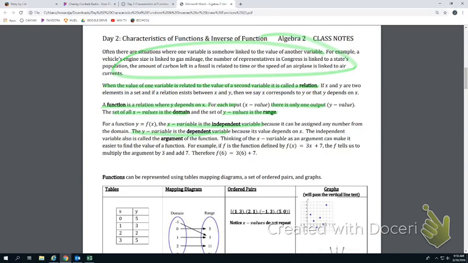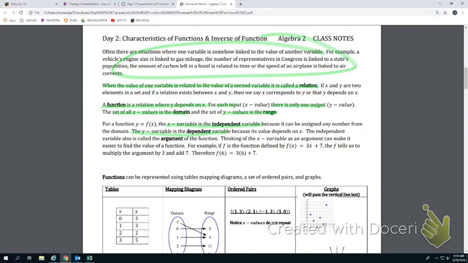Okay, so as the x changes, then the y changes. The independent variable also is called an argument of the function. That's not a huge deal. You won't see that a lot. Okay, but you will. It's just good to know.